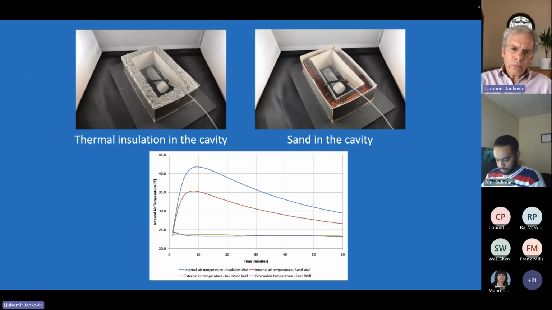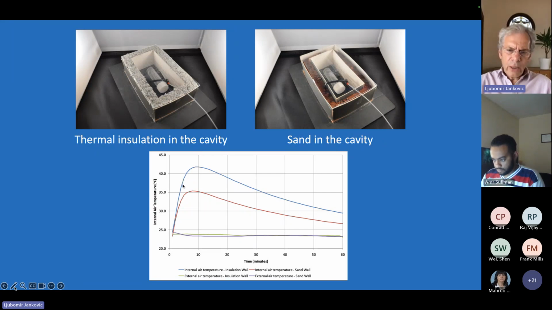Again, the scale model experiment: there's thermal insulation in the cavity, or sand in the cavity, representing high thermal mass here and low thermal mass here. There's a tube with very hot water and a temperature sensor going into a data logger.